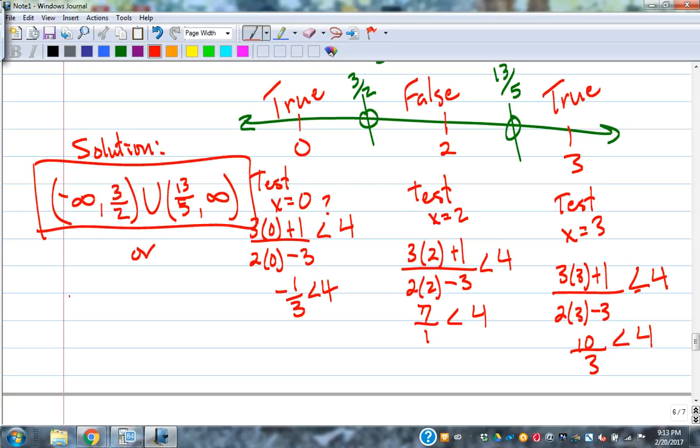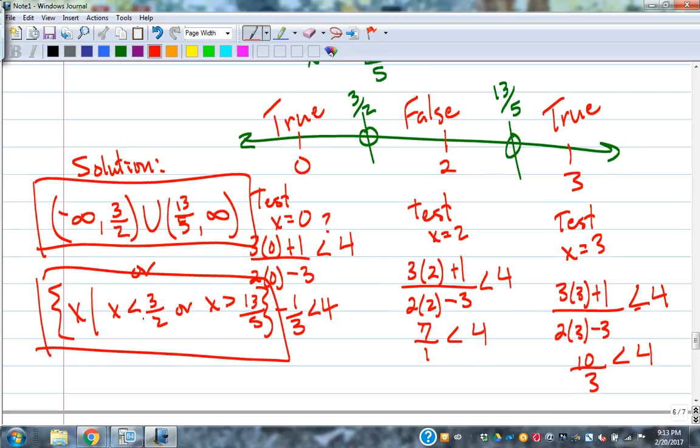Or x such that x is less than 3 over 2 or x is greater than 13 over 5. That's the set notation for that. I like the interval notation better, which is the way that we'll probably do things for the most part in here.